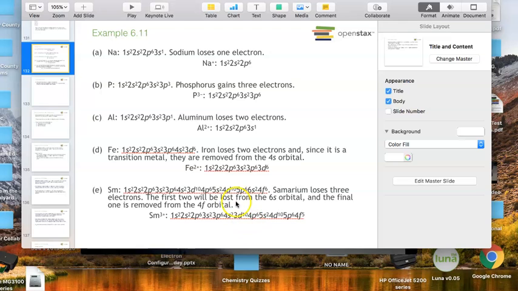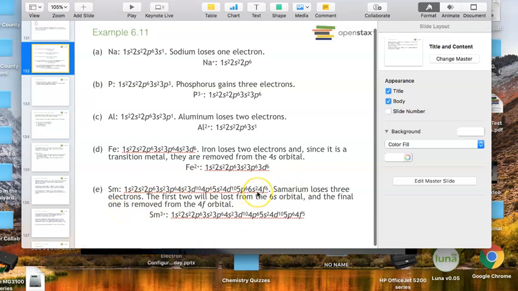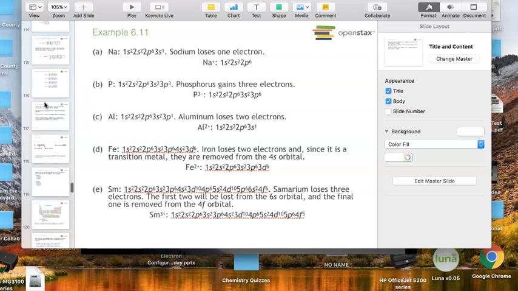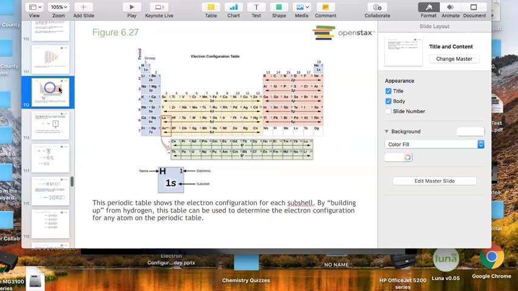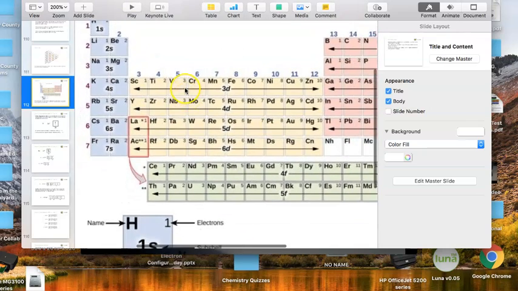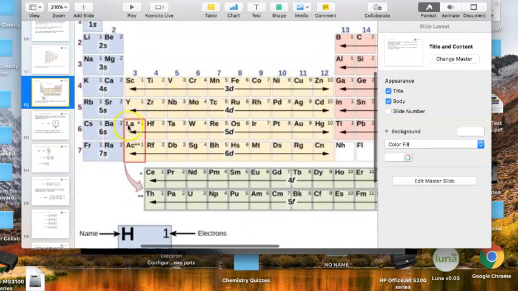Here we have the electron configuration, 6. Now notice, let me go back here because that might be confusing. Even though this one is shaded yellow, it's really green. That's how I got 4f6 and not 4f5, because this one should really be down here.